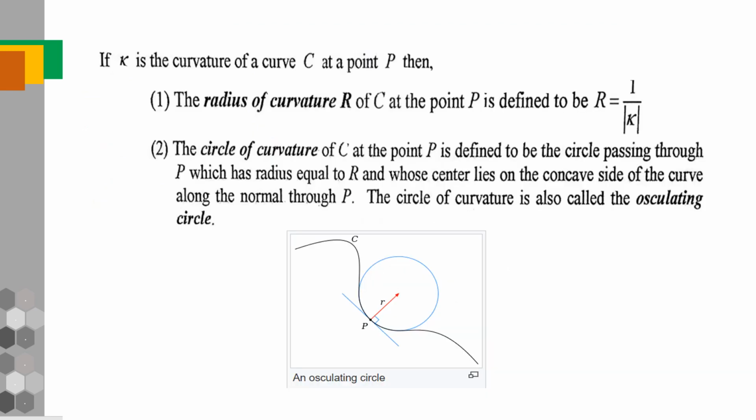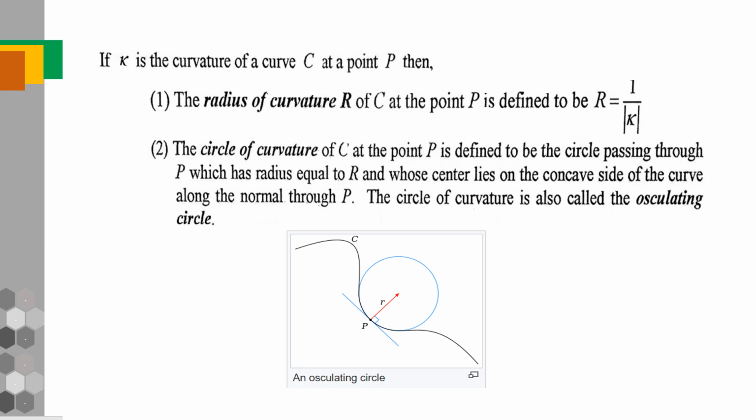Okay, so natapos na natin ma-discuss yung formula nung curvature if ang given is yung x as a function of y and y as a function of x at yung kung given is yung parametric equations, no? So, ngayon, tatalakayin naman natin kung paano i-compute yung radius of curvature.